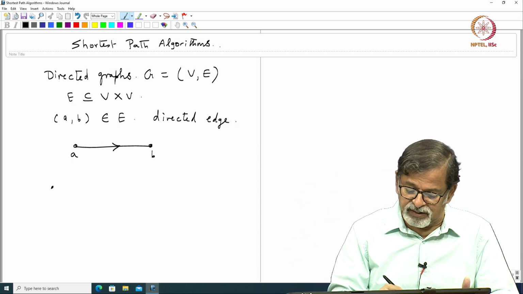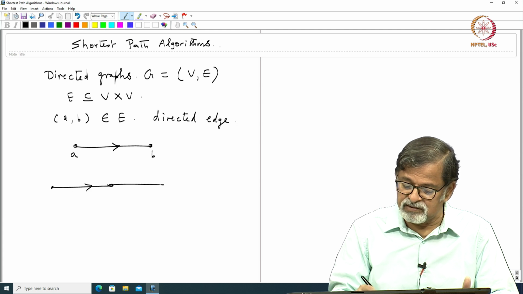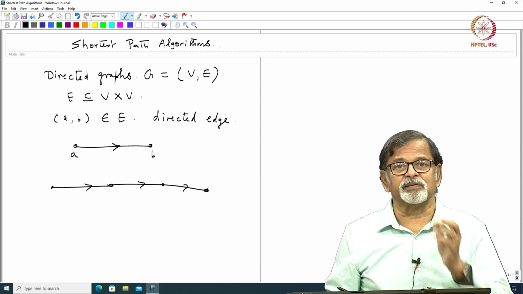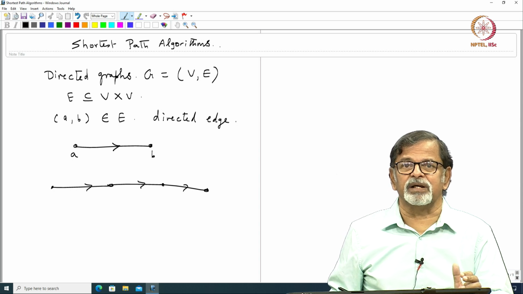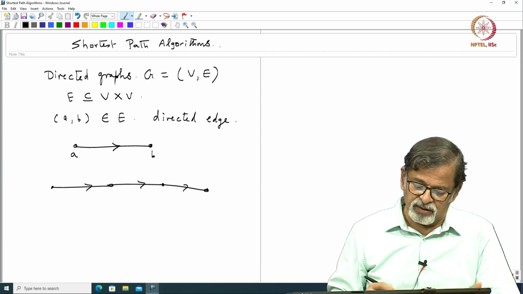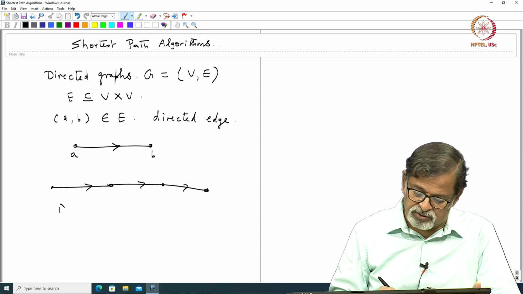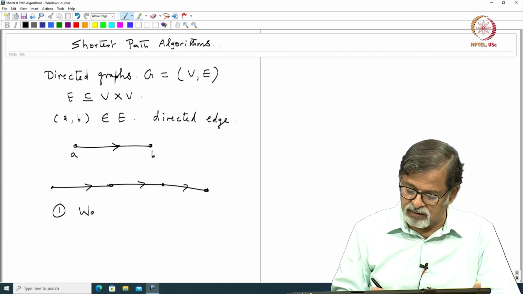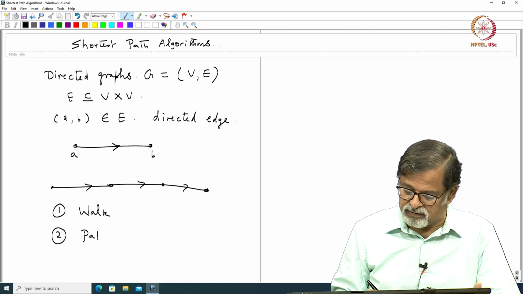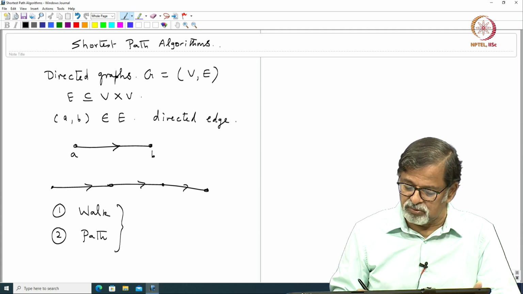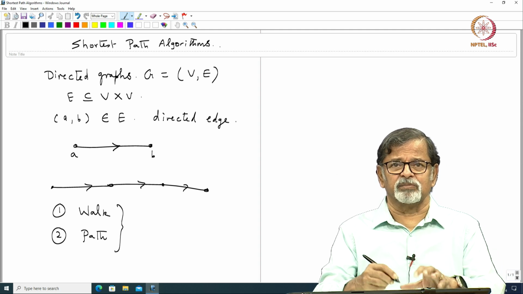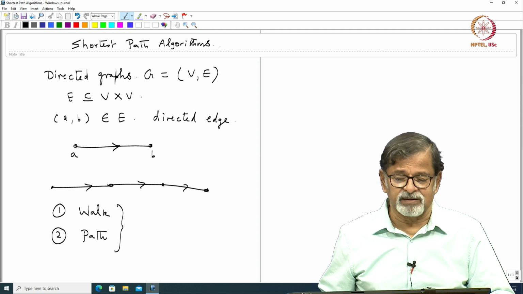So, when we have a chain of edges, they define a path, and we need to distinguish between two kinds of reachability. So, we have to look at the notion of walk and notion of path. These are the two types of reachabilities available in a directed graph.